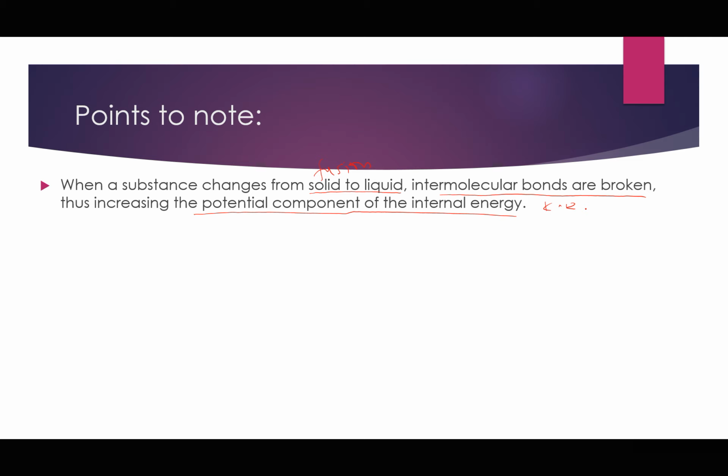But we are continuously supplying the heat. That means that heat is going into doing external work. That heat is increasing the potential energy component. It is doing the external work by causing an expansion, but it is not changing the kinetic energy of the molecules. Therefore, we don't see physically the effect of this heat. That's why we call it latent.